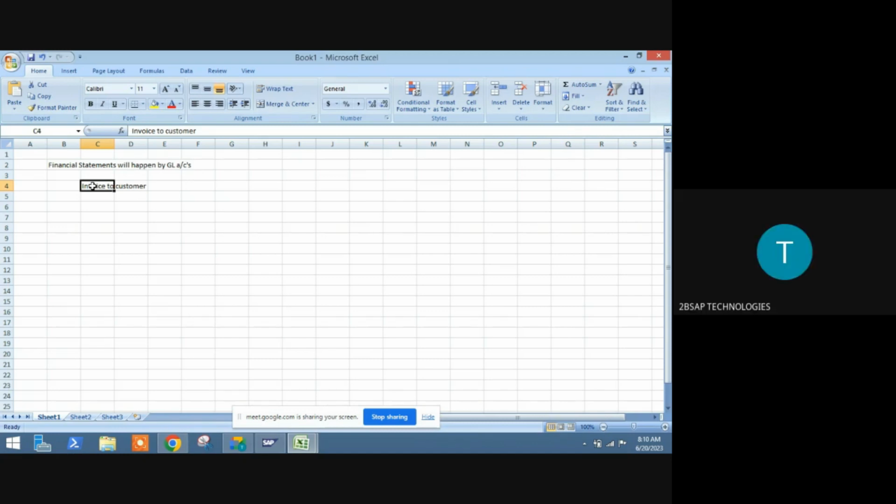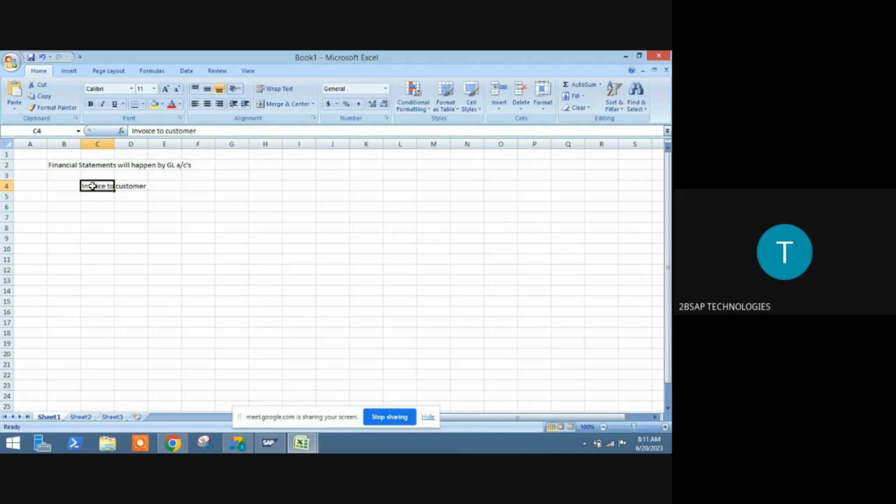Correct, sir? So here sales revenue is your direct GL account. Sales revenue is your GL account. But your customer is not a GL account. You are using customer. What is customer in SAP? Is it master data or transaction data? Any transaction data will happen through master data only.